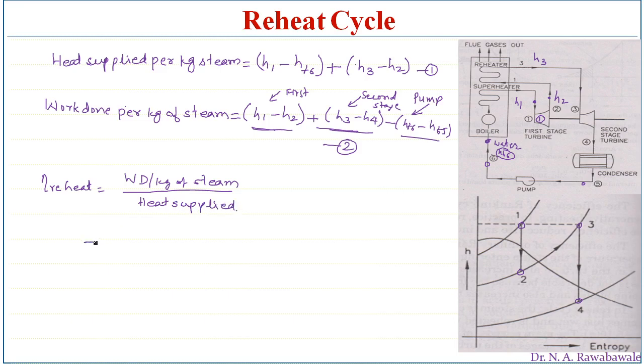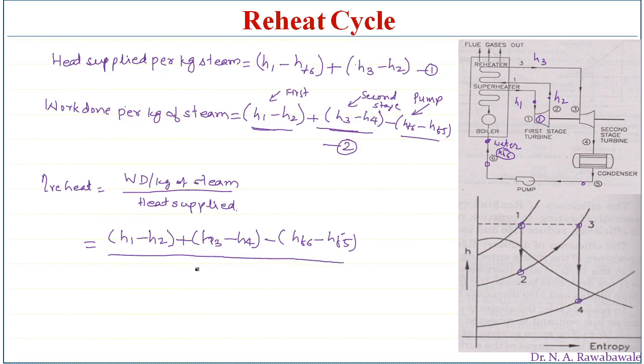So work done is given by H1 minus H2 plus H3 minus H4 minus HF6 minus HF5, where F represents the condition of the working substance as a liquid, the whole divided by heat supplied.